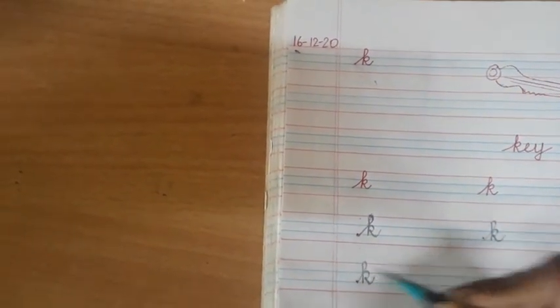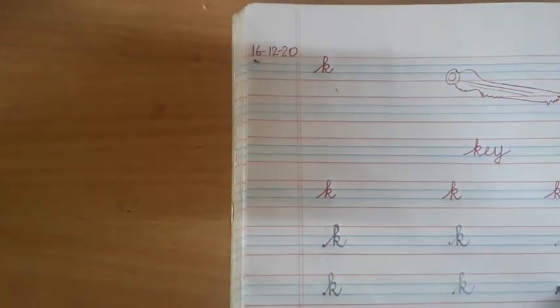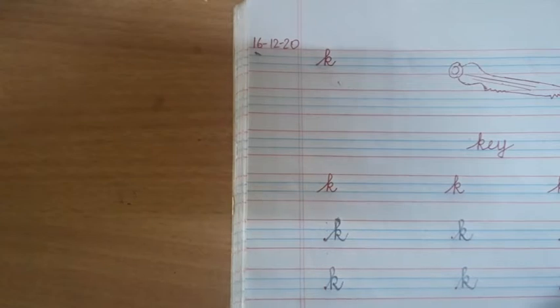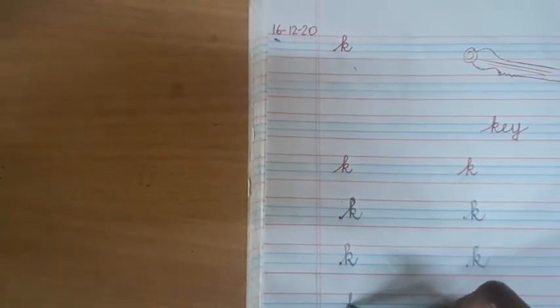One thing I want to tell you, this letter is not easy to write, so you need to practice. You can take help of your parents while doing this. K sounds K. So you have to write on this page and after that come to this side and write again on this page also.